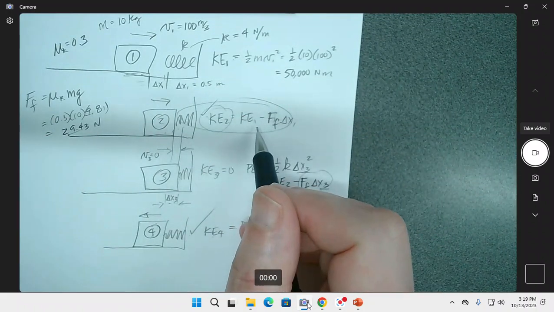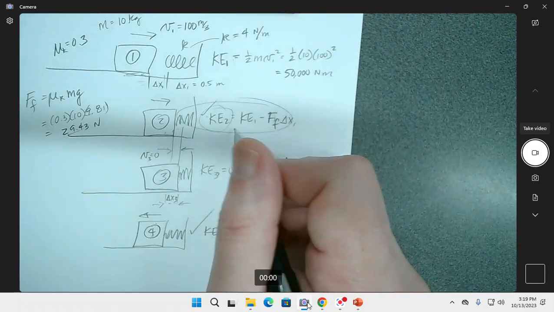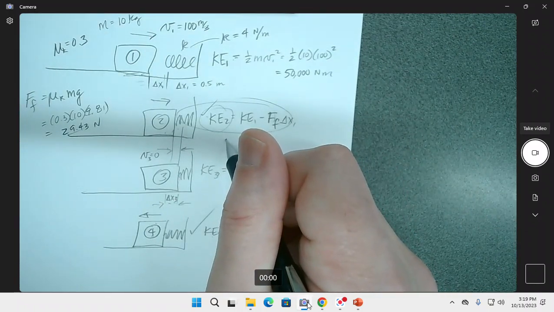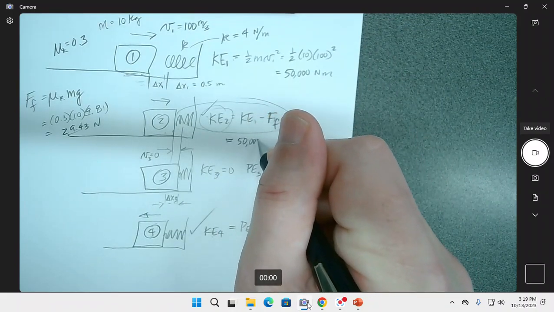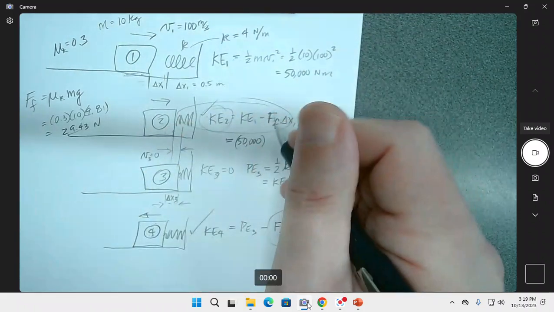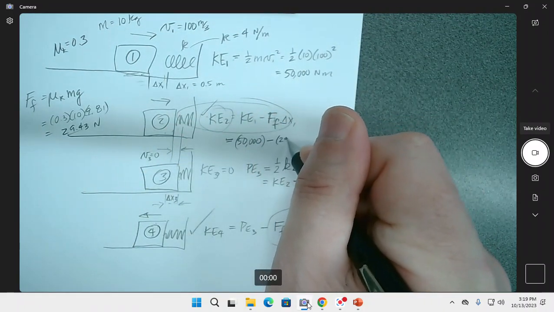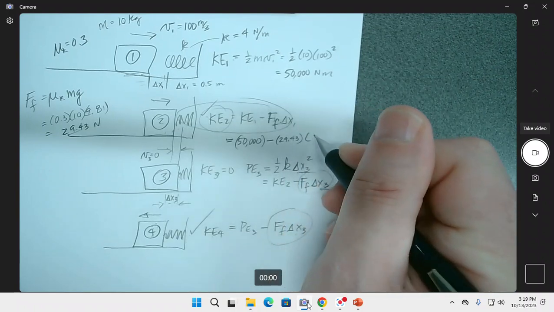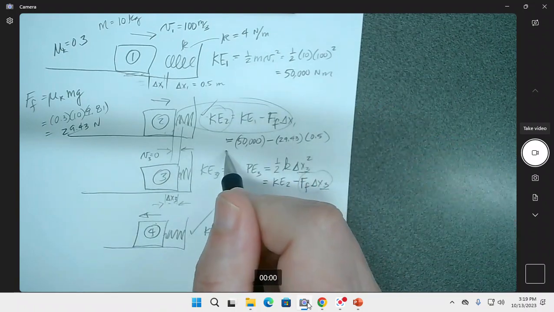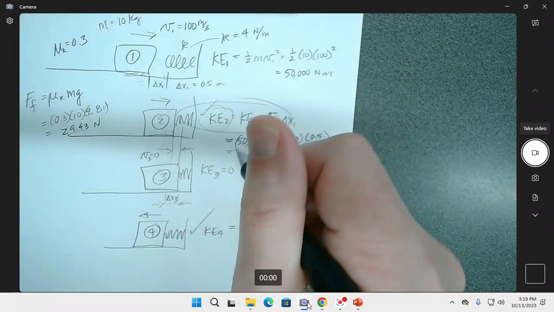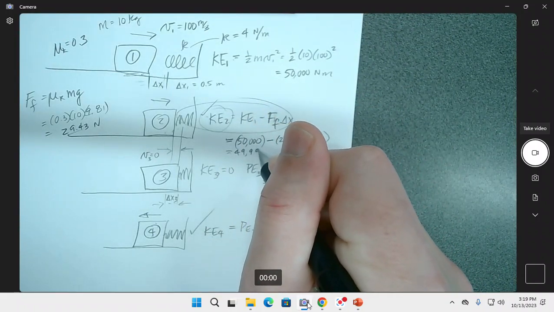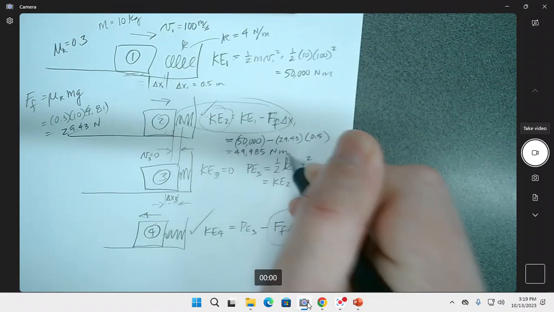Okay, and so in here we're going to have KE1 and KE2, which is going to be 50,000 minus 29.43 times 0.5. So it's not big, it doesn't make a big difference. 49,985 Newton meters.